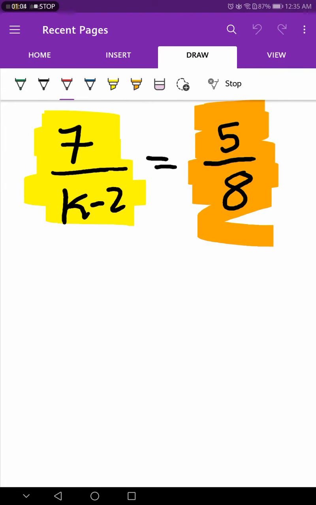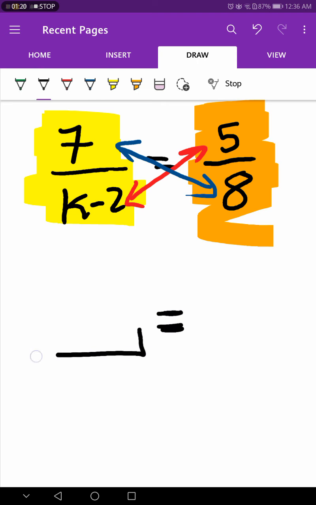As you learned, I do the cross product property, okay? After I do this, I determine the left side and the right side.